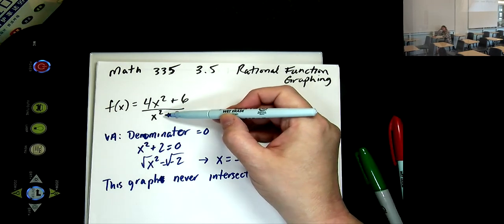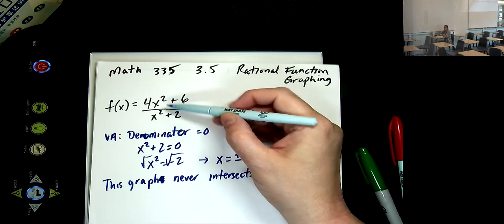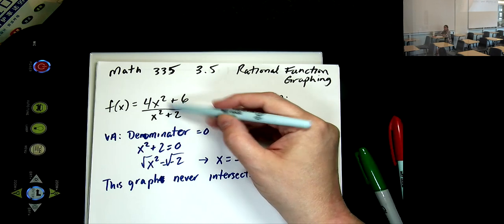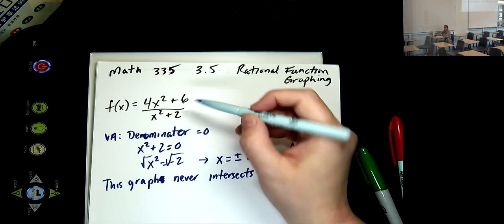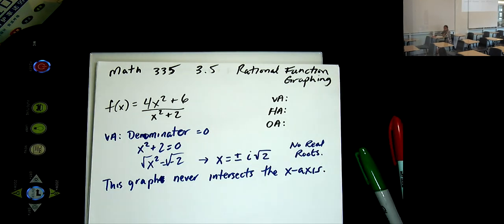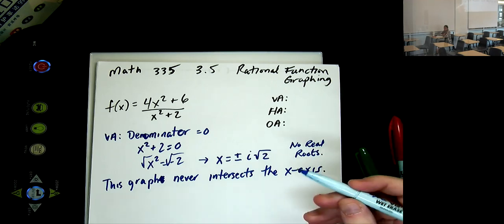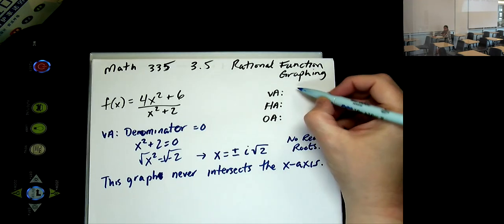X squared has a minimum value of 0. So the smallest this graph can get is if both of these are 0, and we end up having 6 over 2. So the lowest this graph gets is 3. So we have no vertical asymptotes.